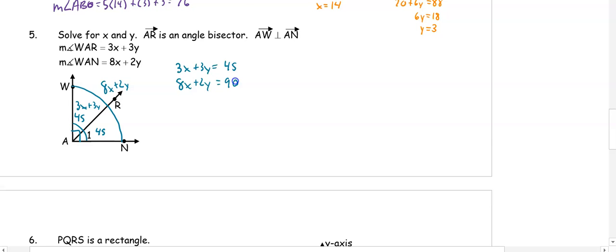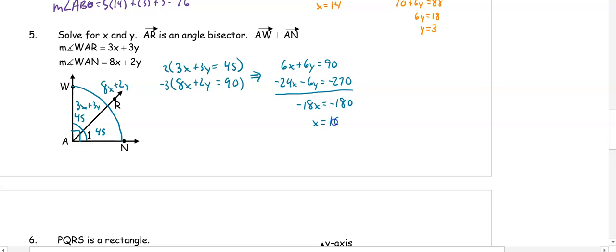So in order to solve, the first equation we're going to multiply by 2. The second equation we're going to multiply by -3. So we get 6x plus 6y is equal to 90. And -24x minus 6y is equal to -270. So we add straight down, -18x is equal to -180.